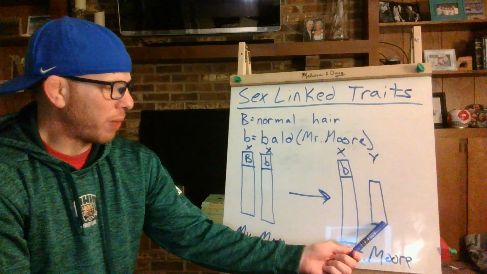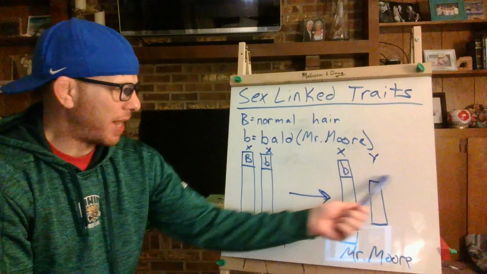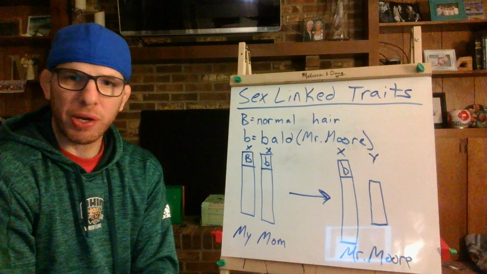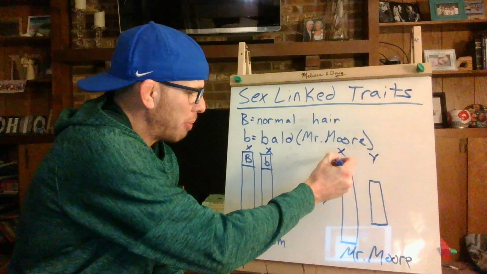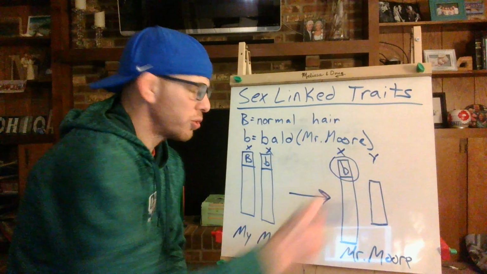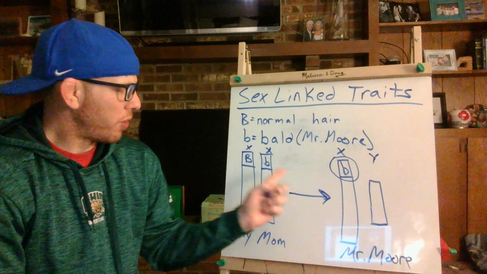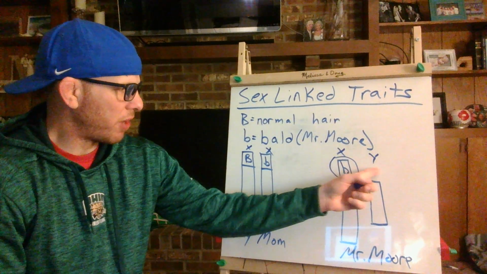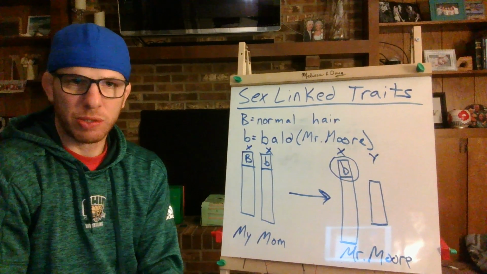Now remember, the Y chromosome is a little bit smaller than the X chromosome. So now I have this non-homologous portion up here at the top. Whatever gene was passed to me from my mom is going to be expressed. All right. So even though there is no big B, there's no match over here on this side, this little b gene is the one that's going to be expressed.